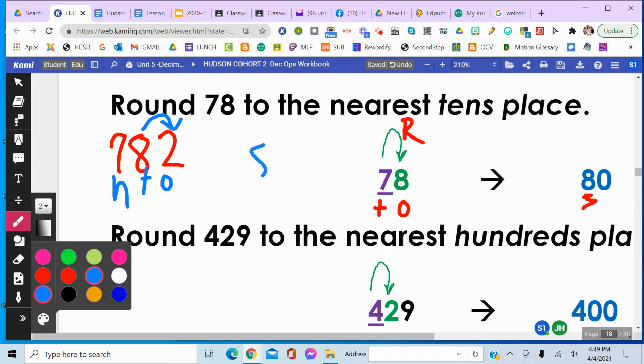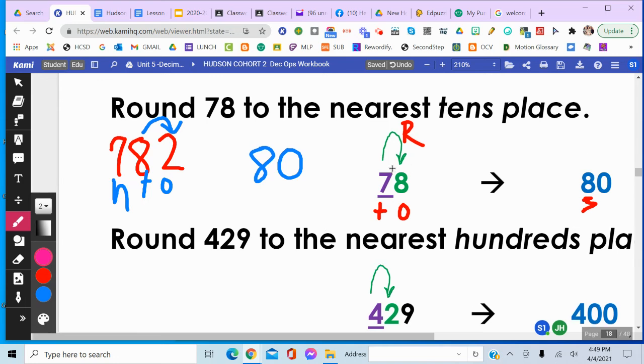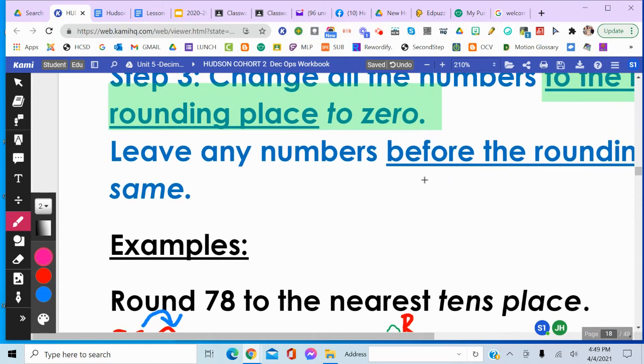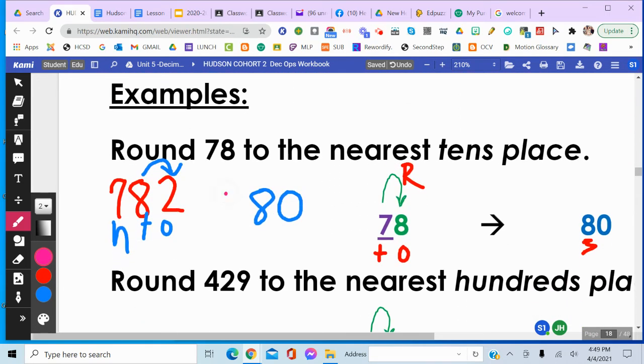The 2 is still going to become a 0. And remember that the numbers before the rounding place value stay the same. So 782 rounded to the nearest tens place would be 780. The 8 stays the same because the 2 told it to. The 2 turns into a 0. The 7 stays the same.